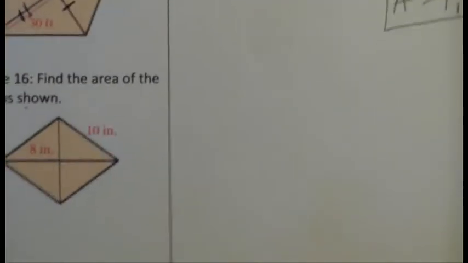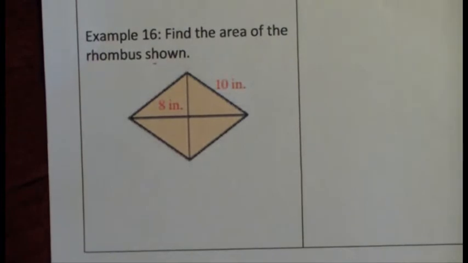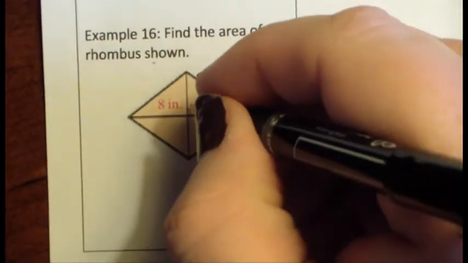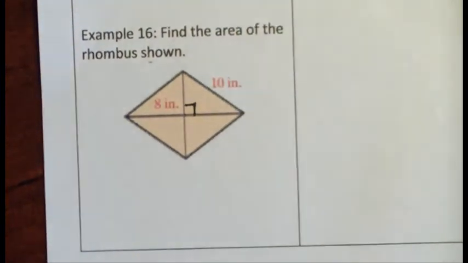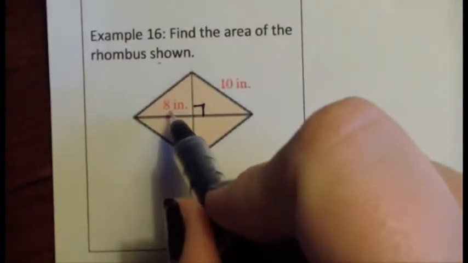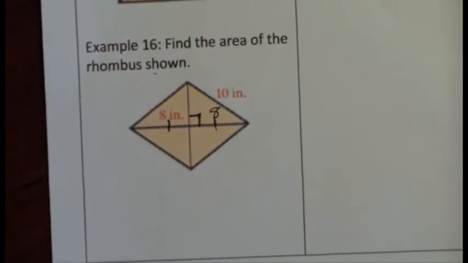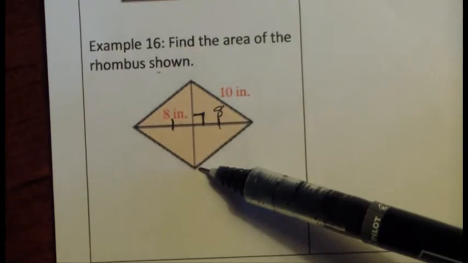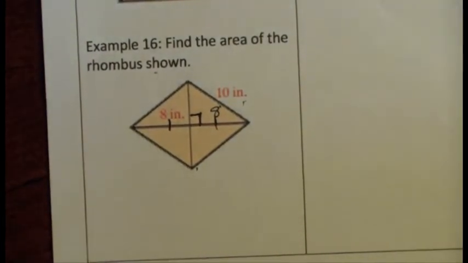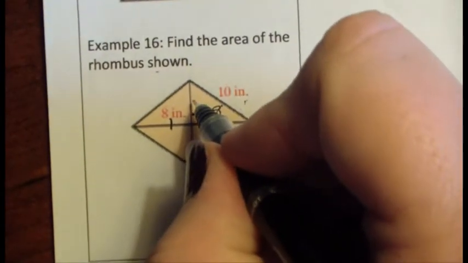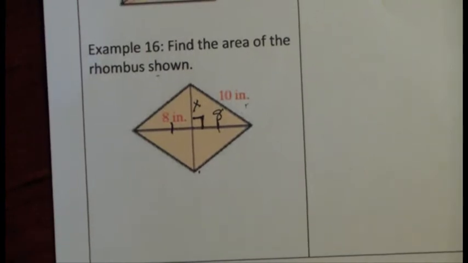All right, and then last one, another important property of rhombuses is that the diagonals are perpendicular bisectors. So they are going to intersect at a right angle. This is the same as this, so this is also 8 inches. Now, we don't know anything about our second diagonal, but we do know this is 10. And we got a right triangle. So we can use Pythagorean theorem to find part of our other missing diagonal.